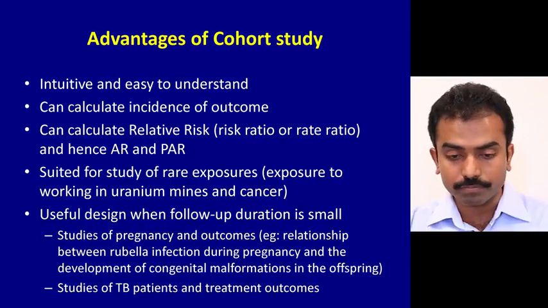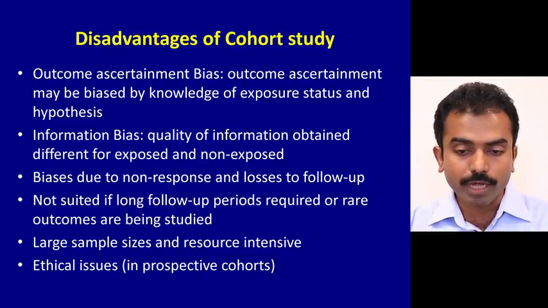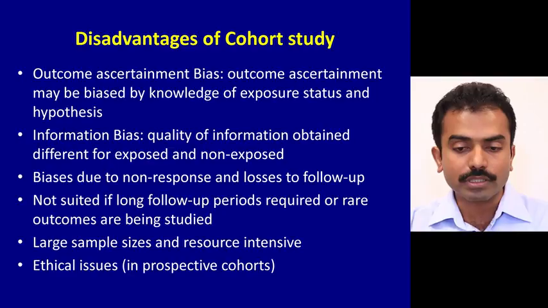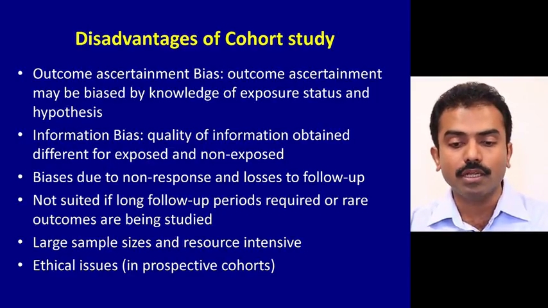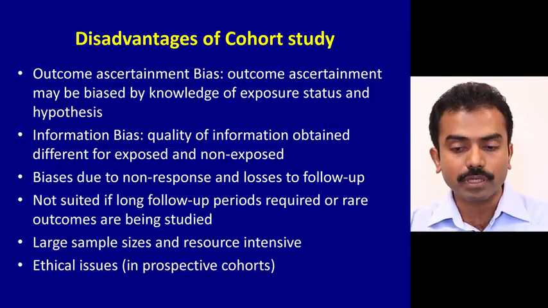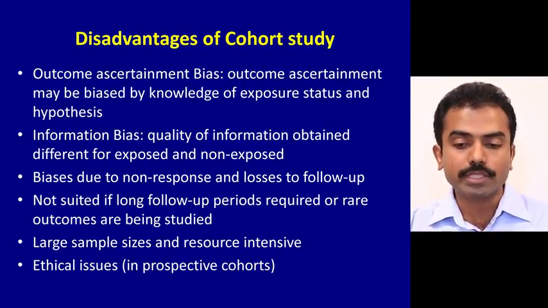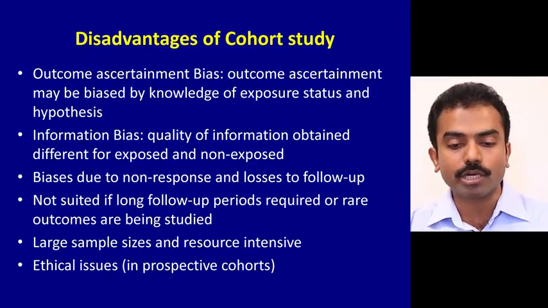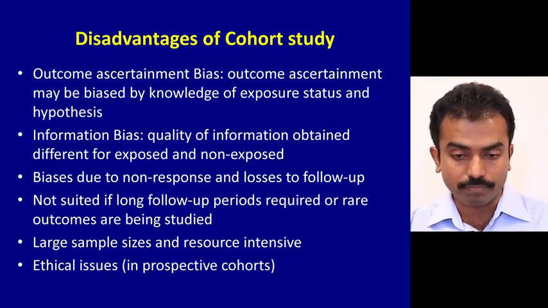But as some of you might now be guessing, what are the disadvantages of a cohort study? I think one of the disadvantages is outcome ascertainment bias, especially if the investigator knows what the exposure is and knows the hypothesis under study.